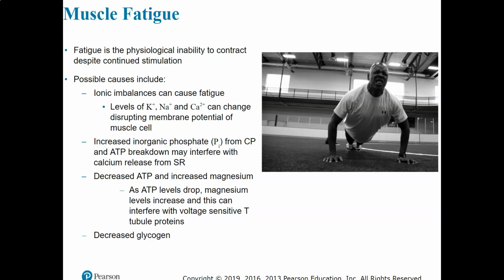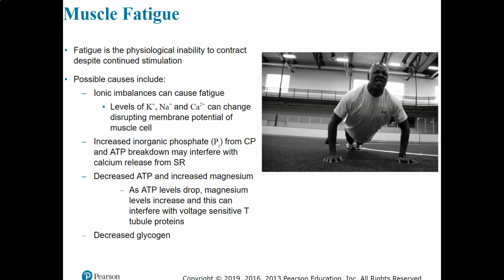An overall decrease in ATP levels corresponds with an increase of intracellular magnesium. And magnesium tends to interact with voltage-gated proteins, so these can interfere with the voltage-sensitive T-tubule proteins and again interfere with the release of calcium from the sarcoplasmic reticulum.